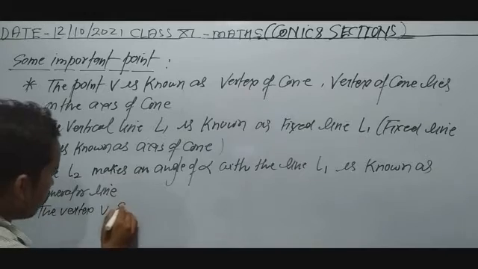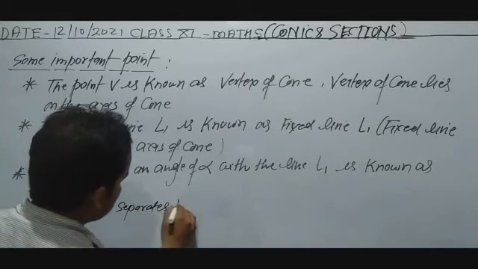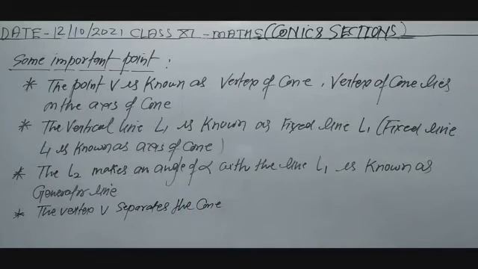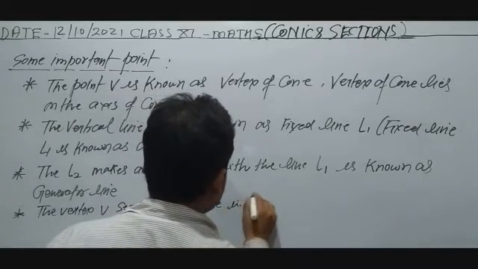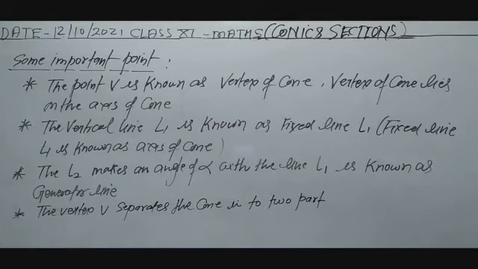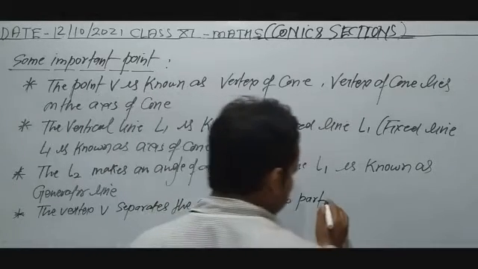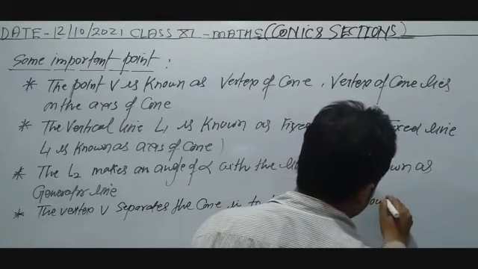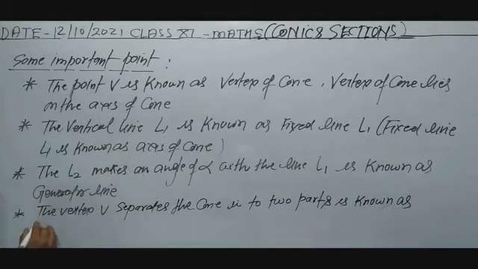The vertex V separates the cone into two parts, and these are known as naps.